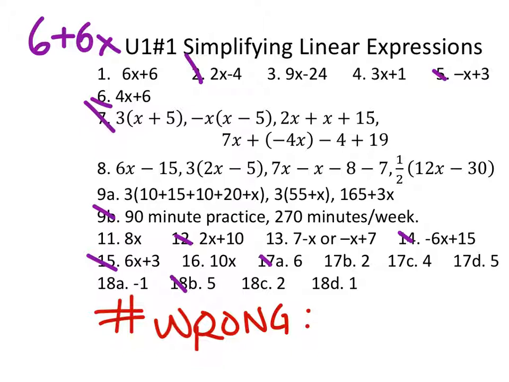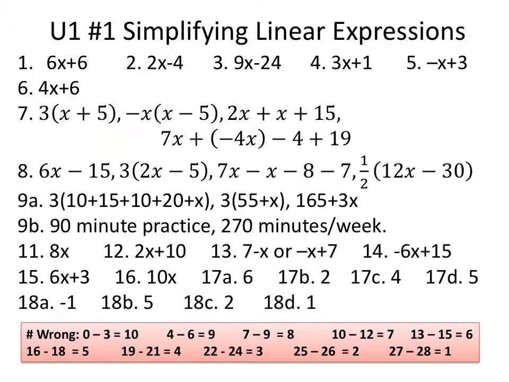So I've marked those wrong, and I say to myself, self, how many did I get wrong? Well, I can count them, right? 1, 2, 3, 4, 5, 6, 7, 8, 9, 10. This is how many I got wrong. Hopefully you got less, maybe more, whatever. Okay, so I said 10 wrong.